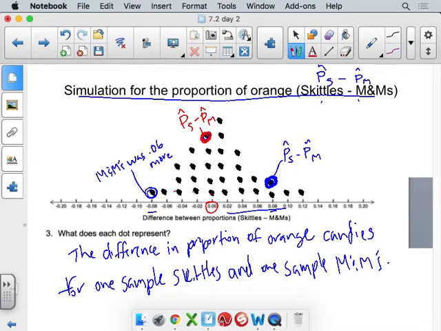Every single one of these dots is a simulation of taking a sample of 50 Skittles, a sample of 50 M&Ms, and counting the difference between them. This is just to give us a visual representation of what's going on.